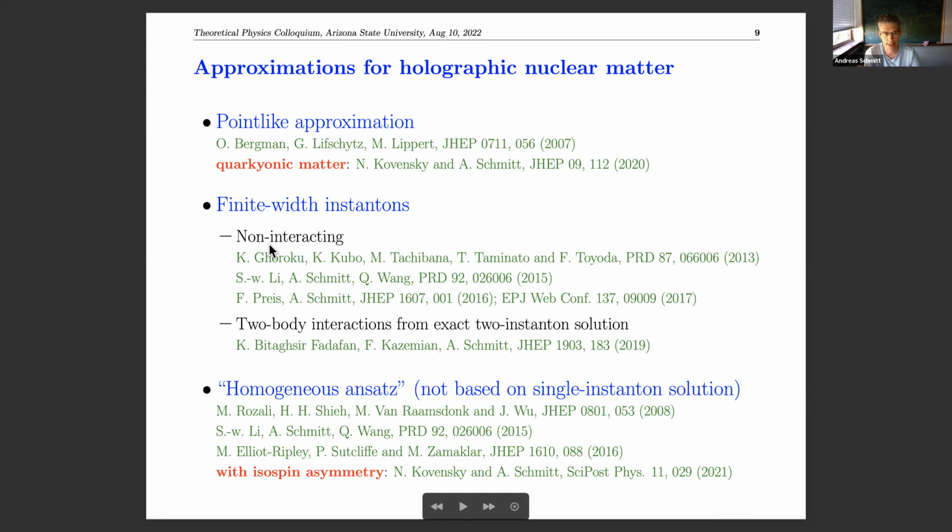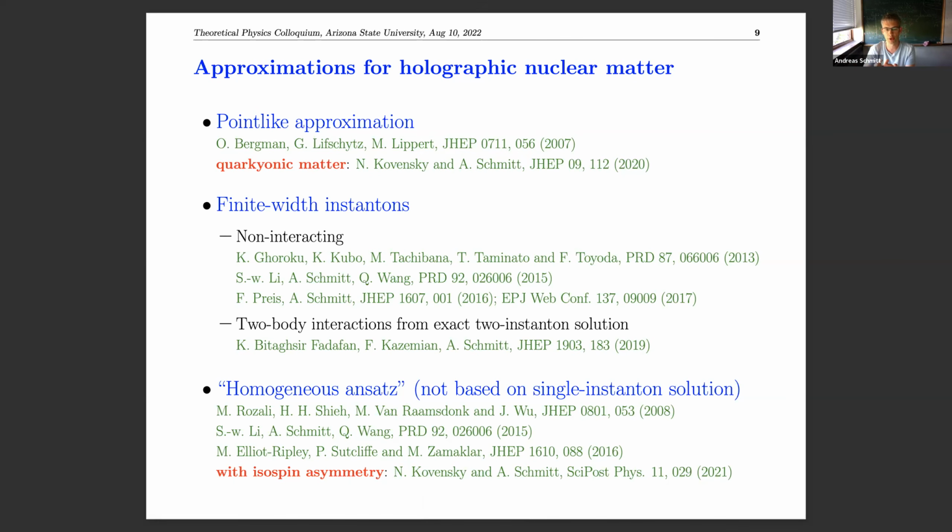Then the question arises, do you let them interact? Because that's also very difficult, of course. So there are a lot of works using non-interacting instantons. We generalize this to including two-body interactions. I will not talk about this approach in any of the following results. What I will use is what people refer to in this context as a homogeneous ansatz, where we forget about the position space dependence of the instantons.